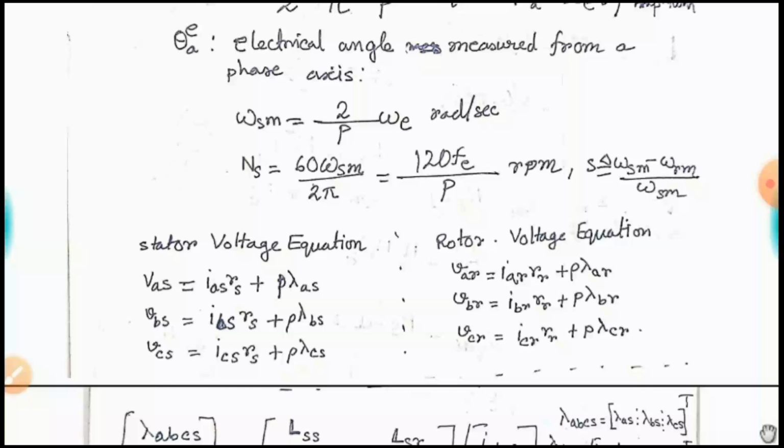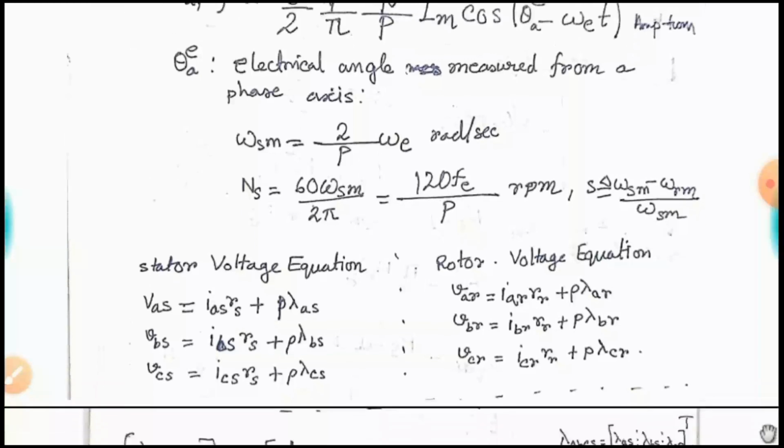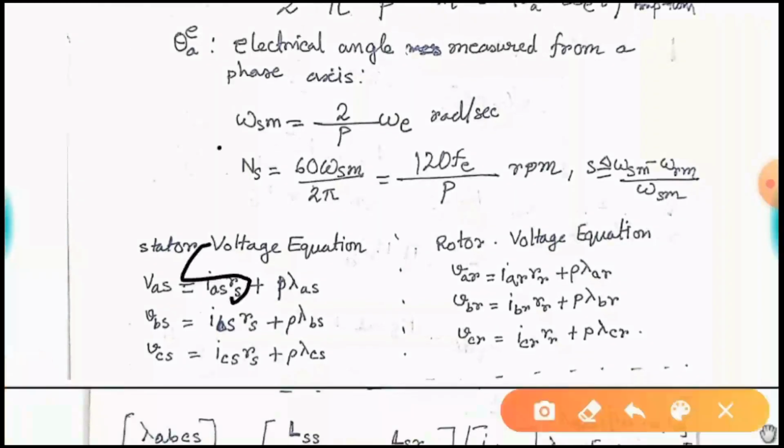So the one most promising feature of the slip ring induction motor is that you can have full control over your rotor resistance, and not only the rotor resistance, you can also control the voltage available across the rotor circuit terminals. We know that the rotor circuit voltage has a frequency sF.